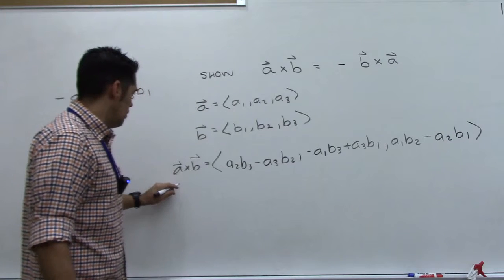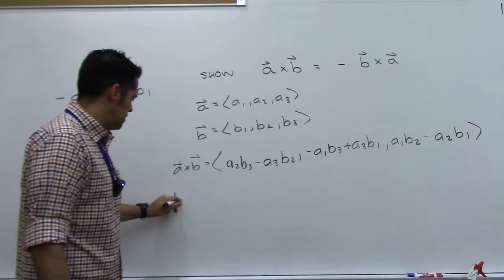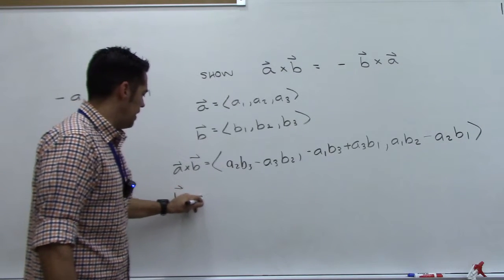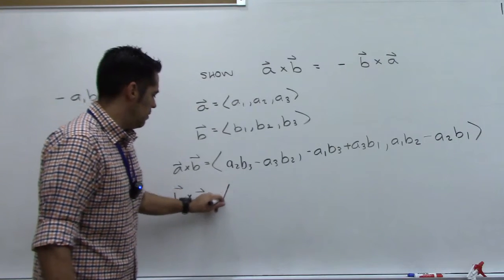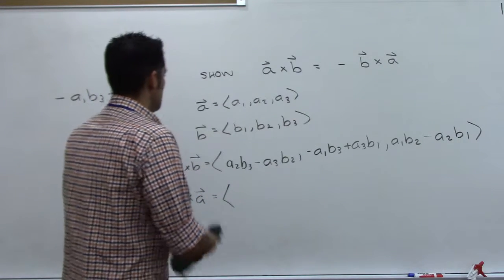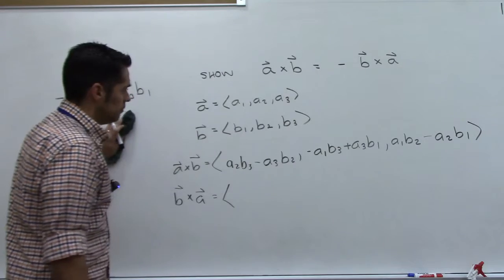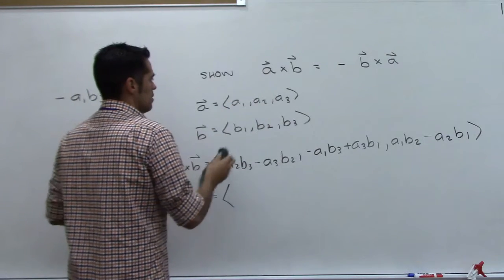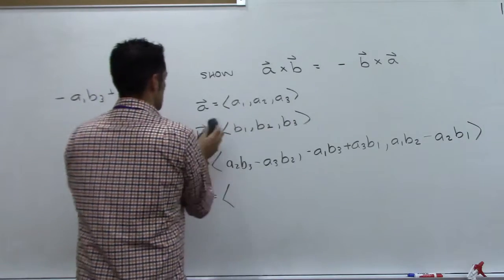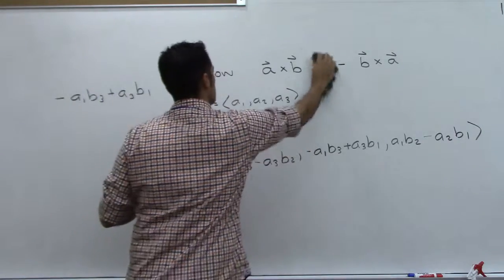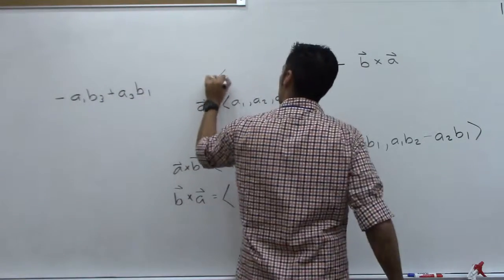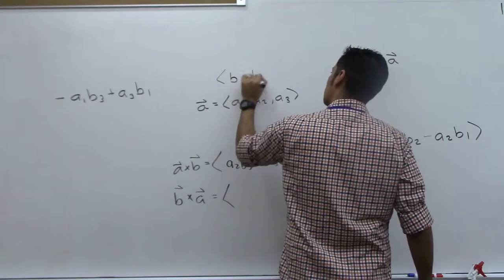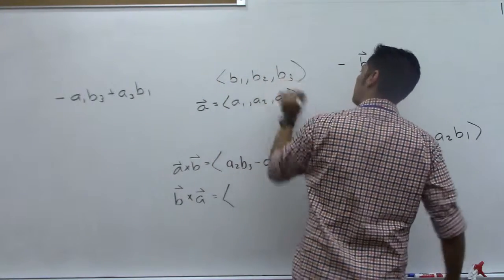So what is B cross A? Well, for B cross A you have to flip the order of these. So I'll just write B above this. So B1, B2, B3.